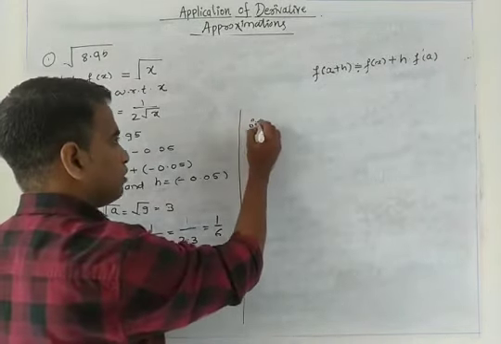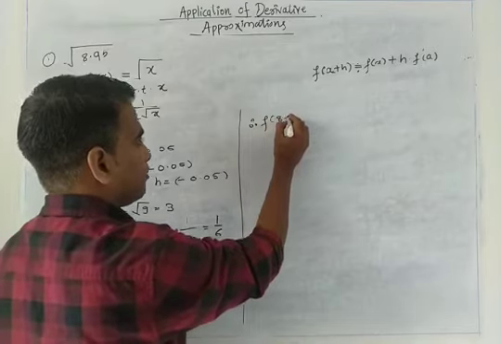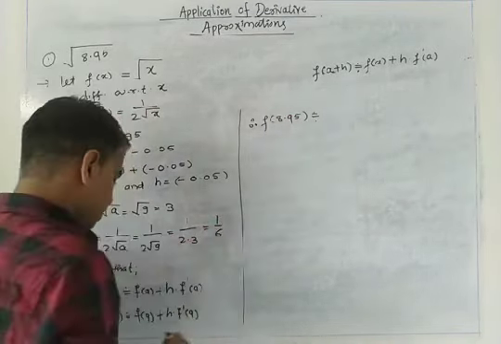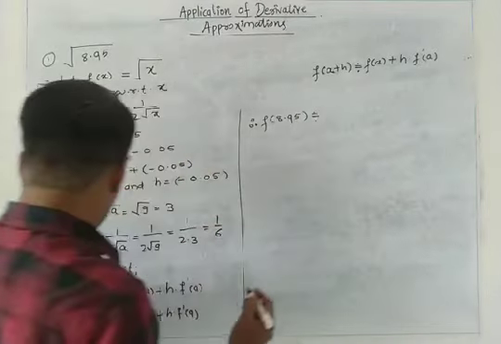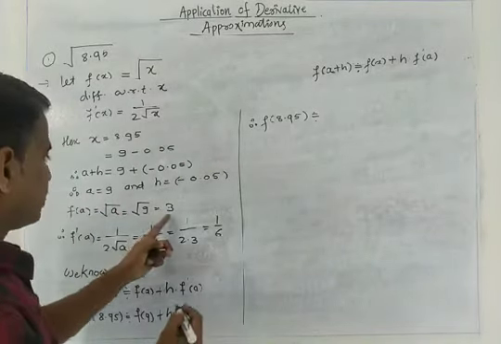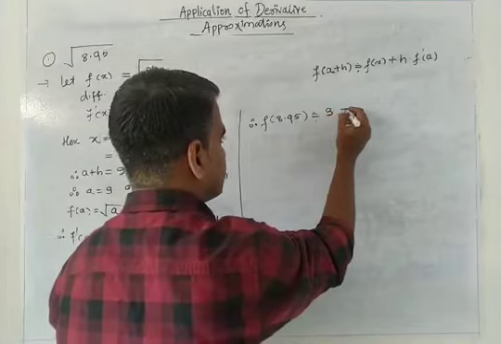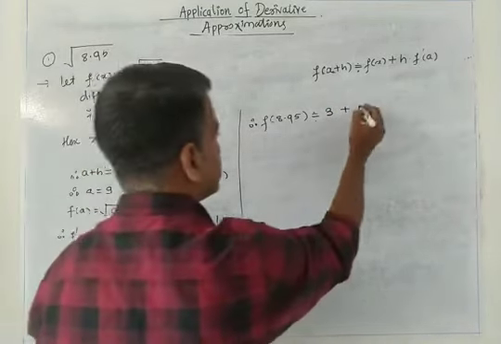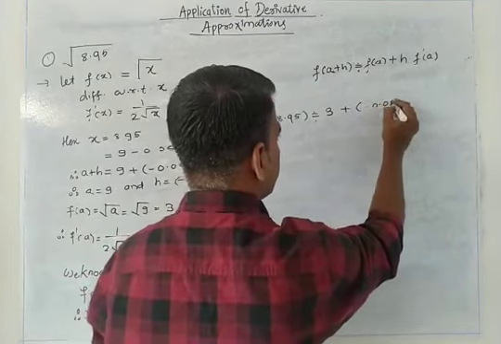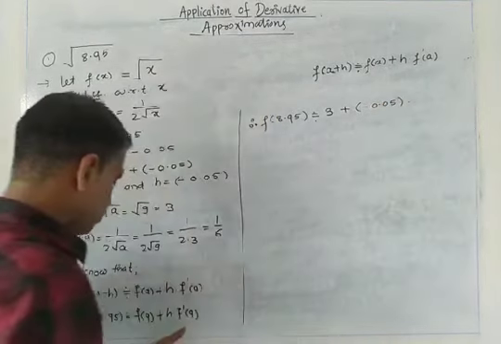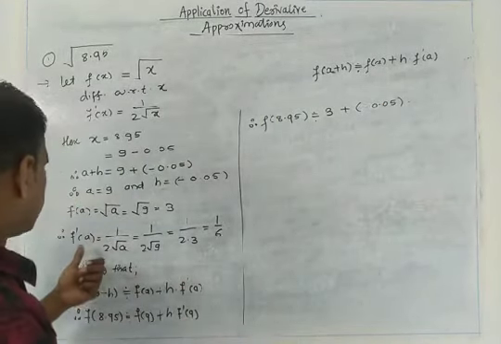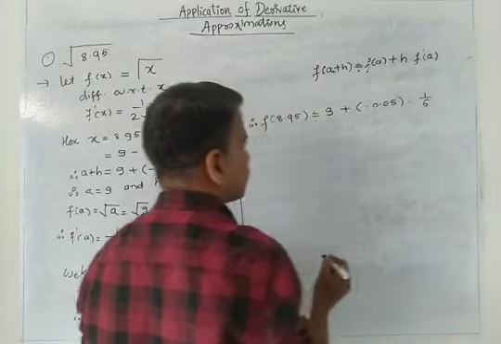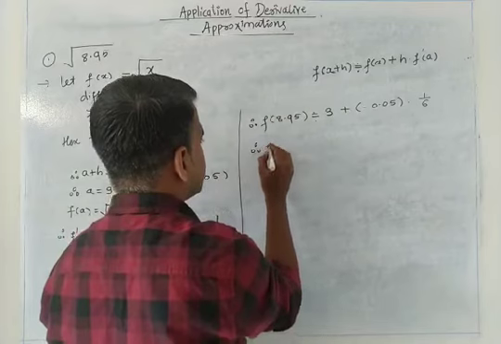So f of 8.95 is approximately equal to f of 9, that is 3, plus the value of h, which is minus 0.05, into f dash of 9, that is 1 by 6. Now simplify it.